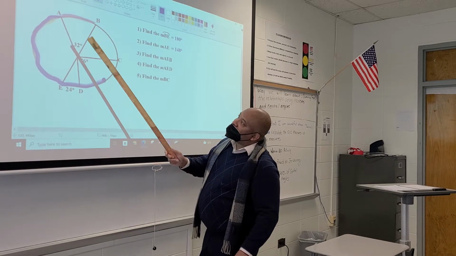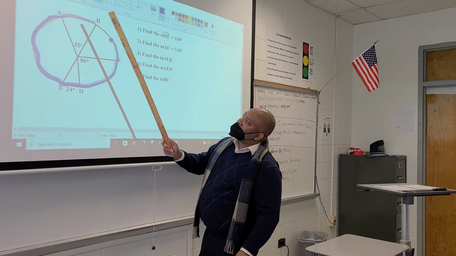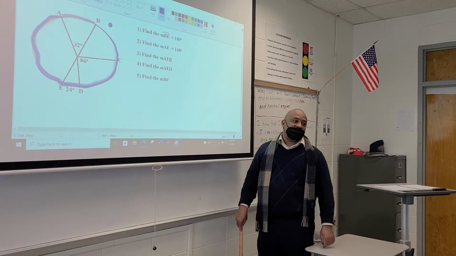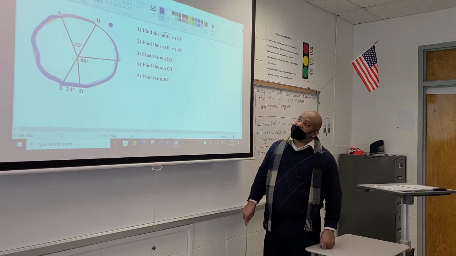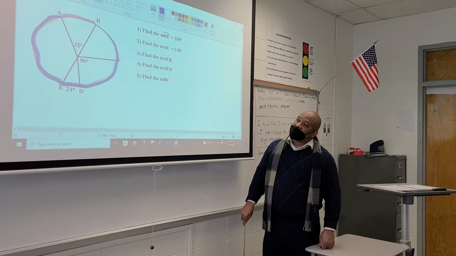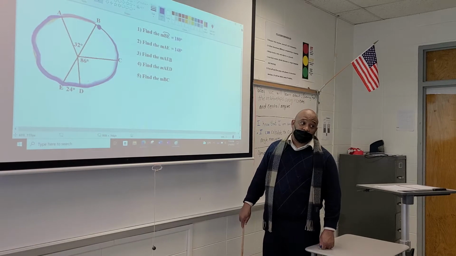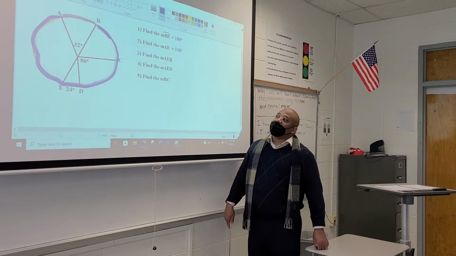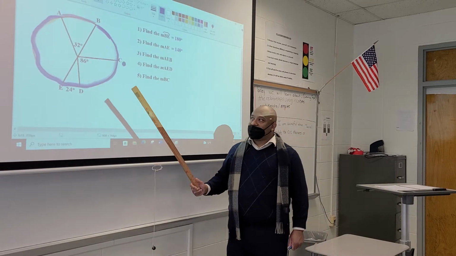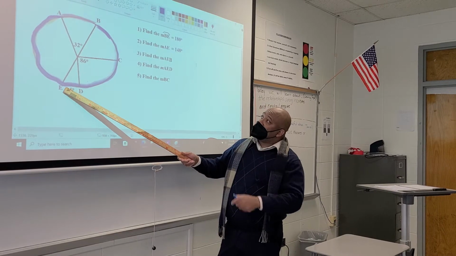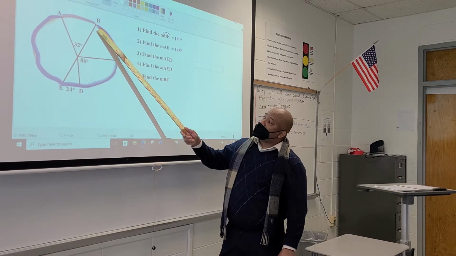What's the only segment of the circle that's missing in that arc? AB, right? And that's almost a full circle. We know that from E to B is the actual diameter.